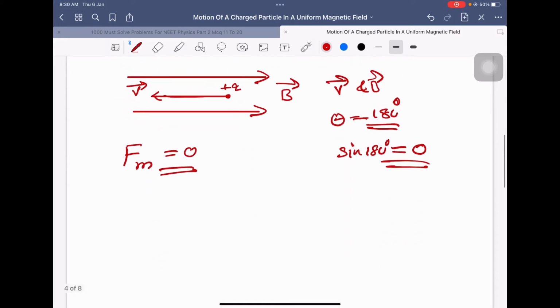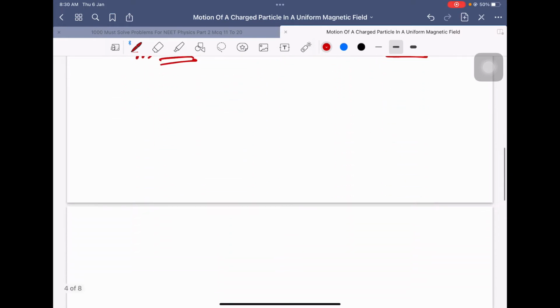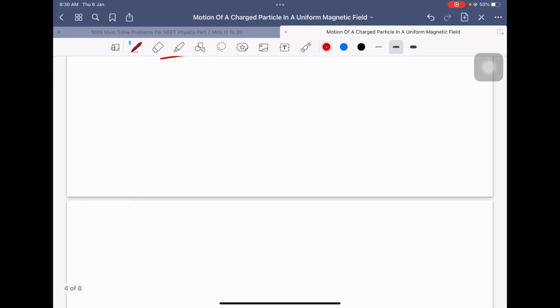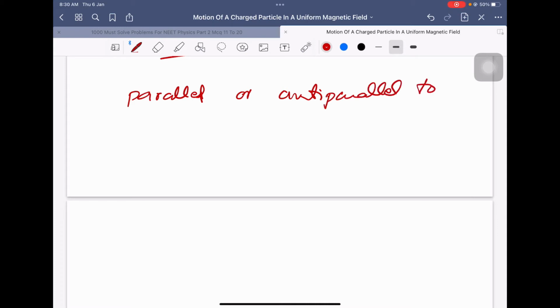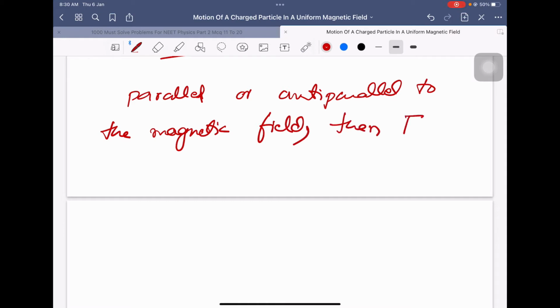So what is the conclusion? Whether the charged particle is moving parallel or anti-parallel to the magnetic field, the magnetic force acting on it is 0.